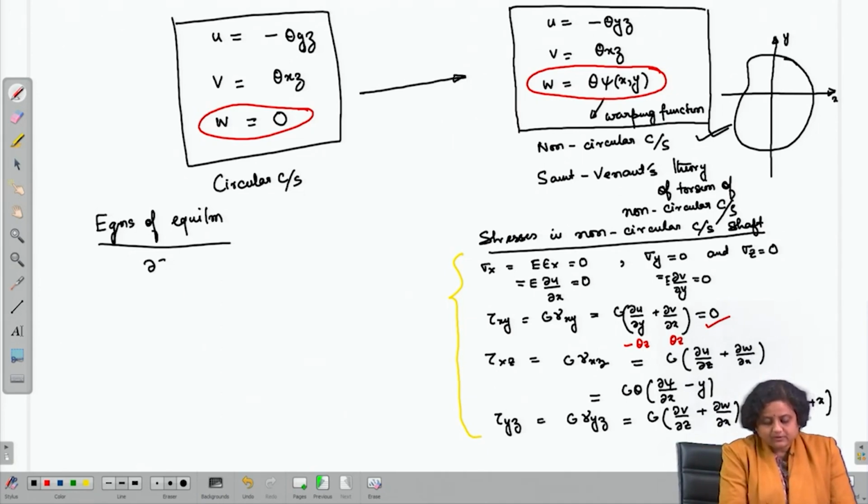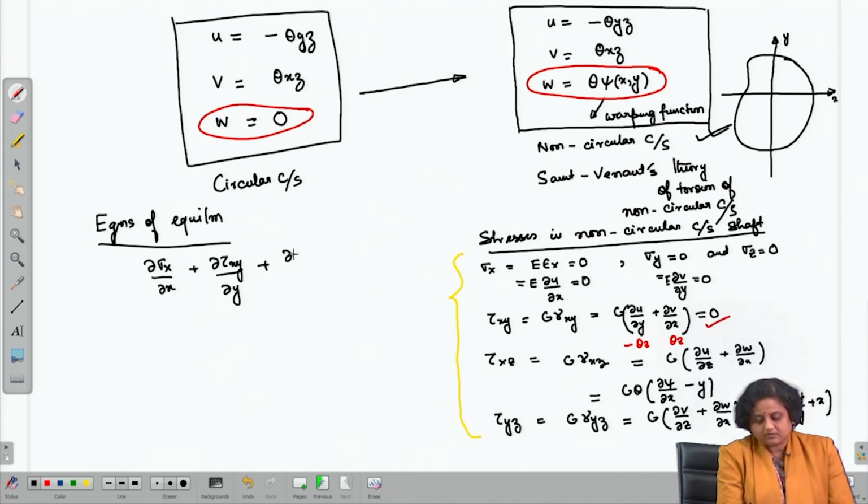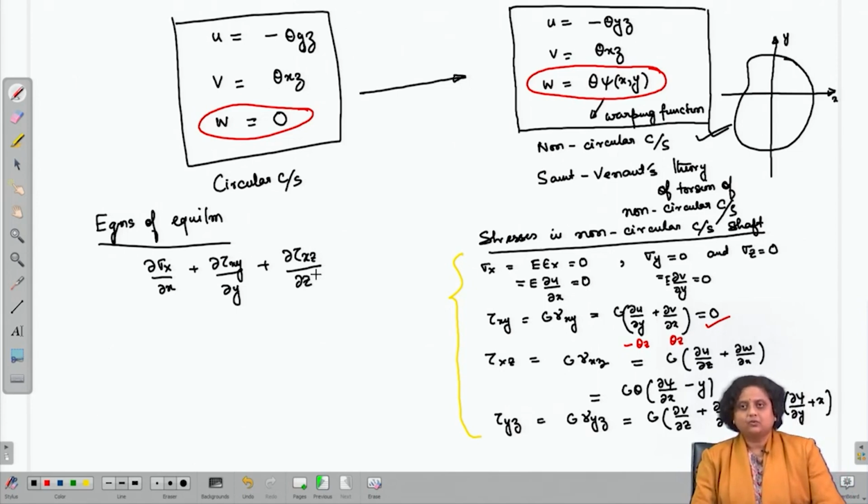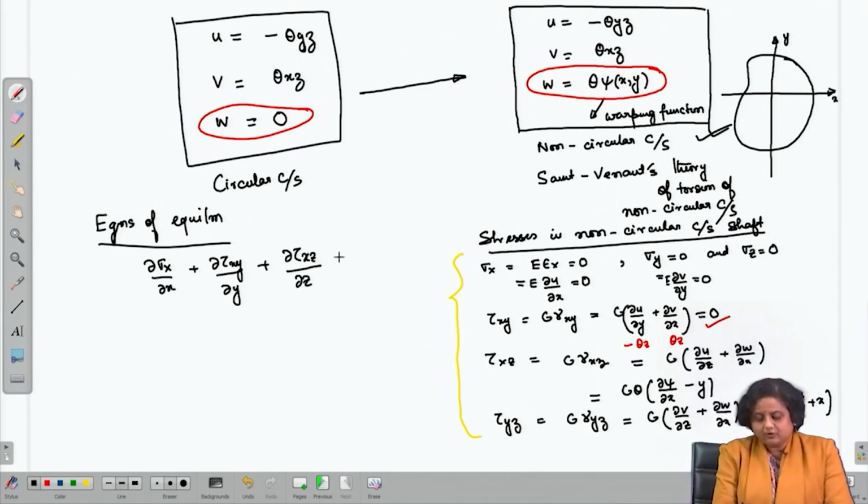The first equilibrium equation is, let us consider that there is no externally applied body force, so this has to be equal to 0.